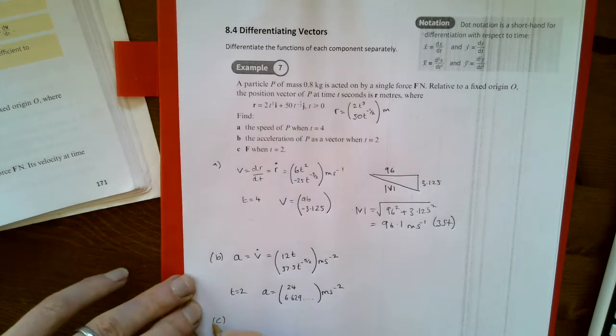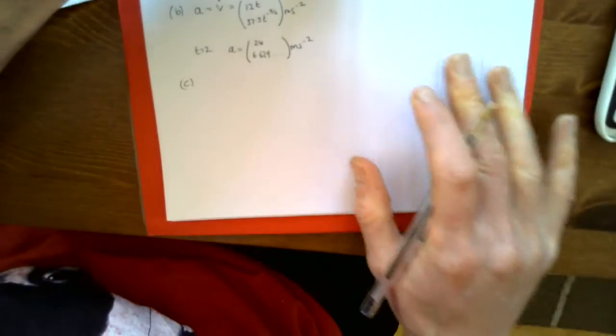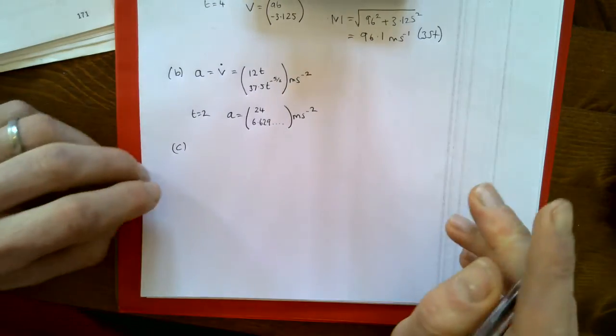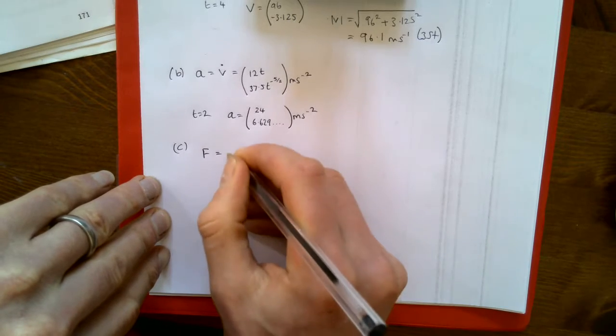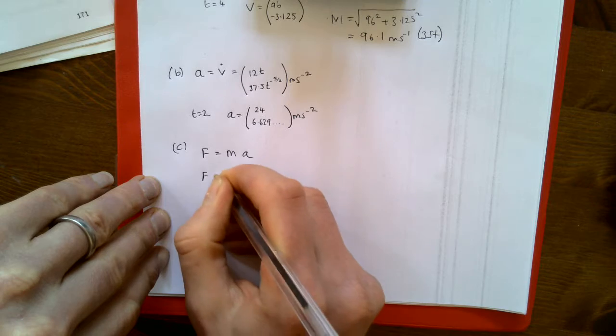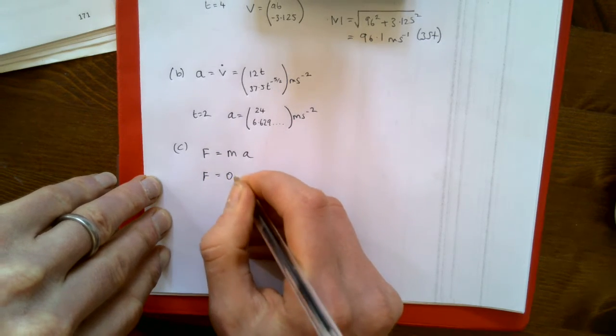So part C, let's shift this up a little bit. Part C wants to know the force when t equals 2. Force is equal to mass times acceleration. We know that when t equals 2 this is the acceleration, and the mass is 0.8.